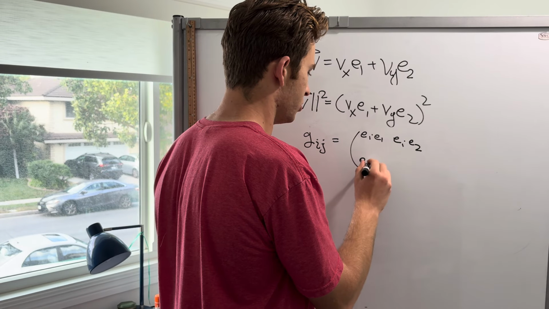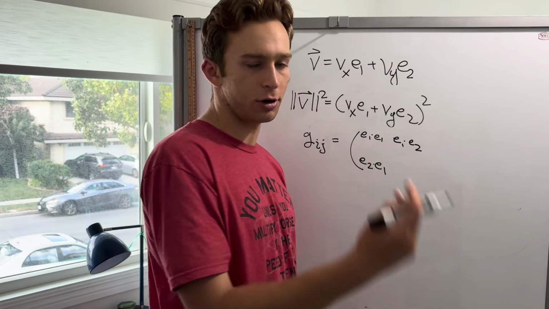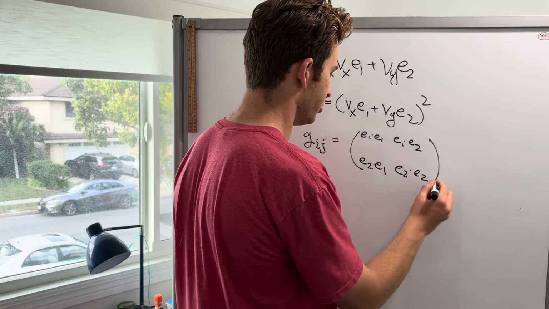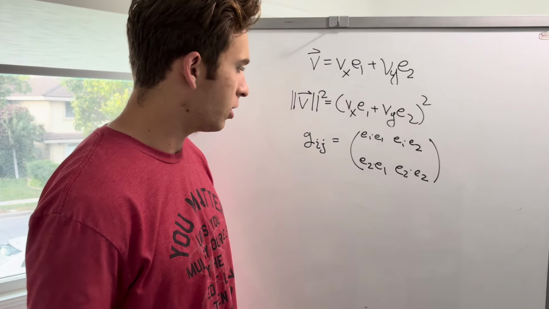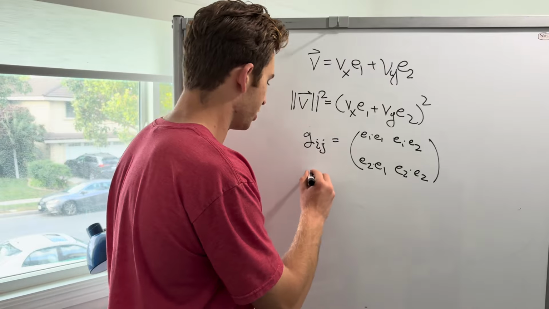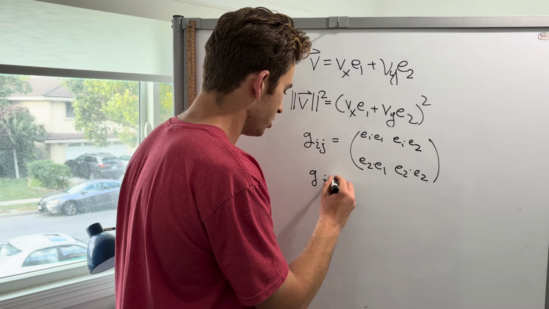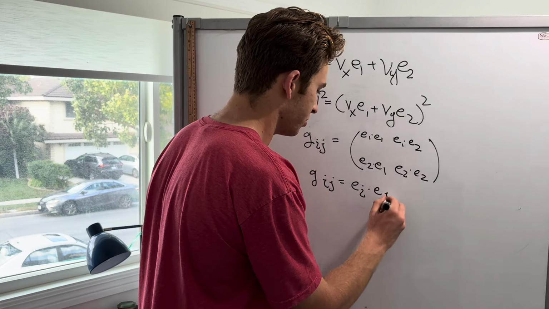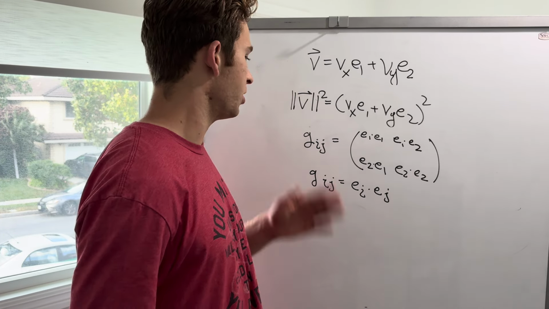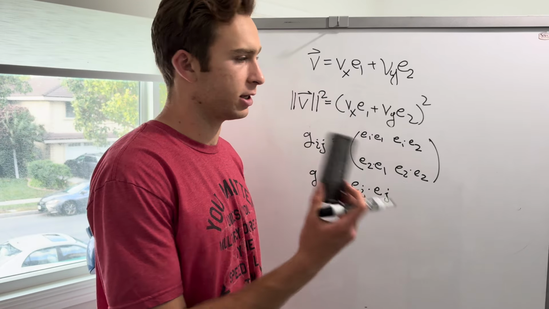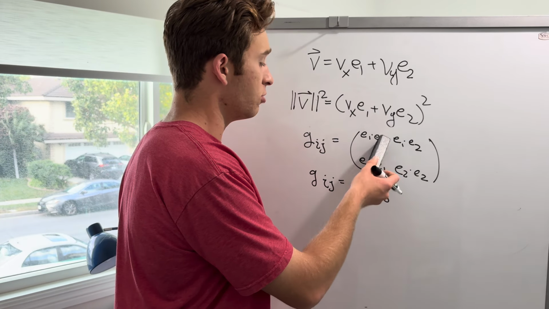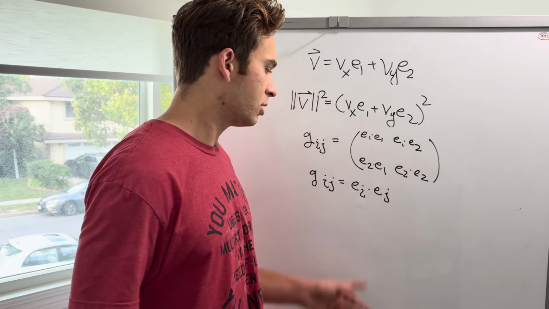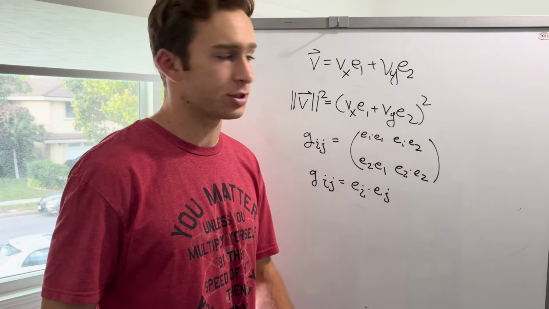And then we're going to do e2 dot e1 for our second row and our first column. And then for our second row and column, we're going to do e2 dot e2. And so you can actually rewrite this formula. You're going to say Gij is equal to e sub i dotted with e sub j. Because when we expanded it out, we got all those terms like e1 e1, e1 e2, e2 e1, and e2 e2. And we're collecting that into a matrix.